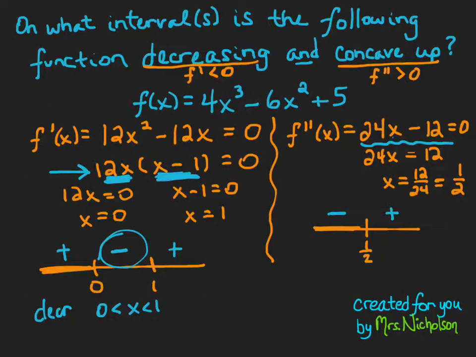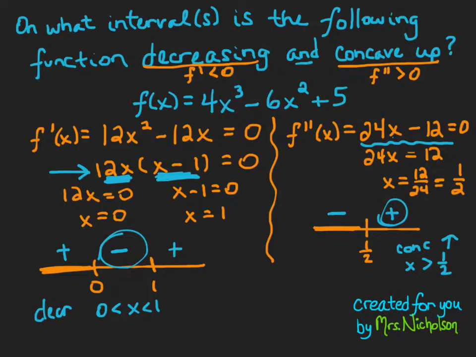Now my original question was interested in where the function is concave up. And so I can see here that my function is concave up on this interval for x greater than 1/2. Now if we go back and look at our original question, it wants to know on what interval or intervals the following function is both decreasing and concave up.